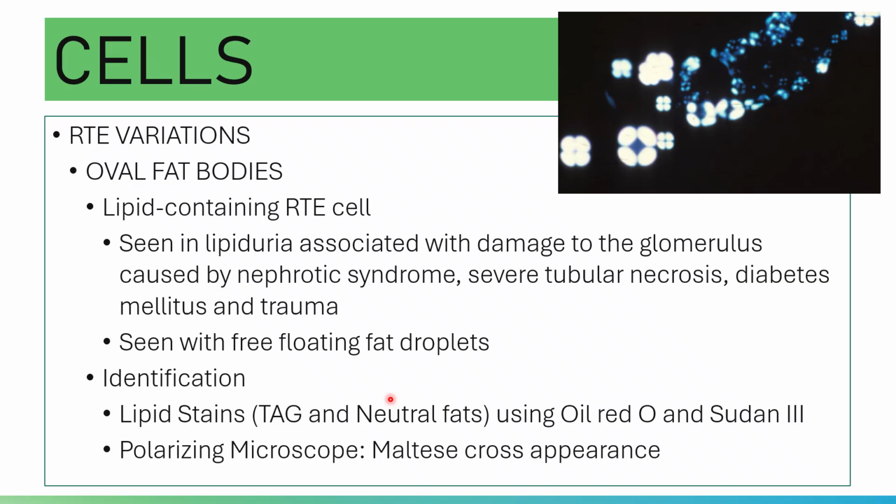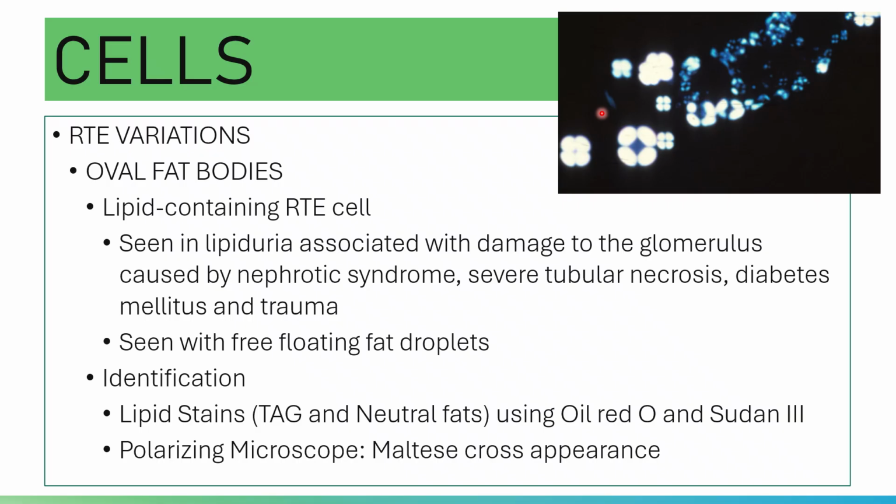Oval fat bodies are seen in lipiduria associated with damage to the glomerulus caused by nephrotic syndrome. What else? Severe tubular necrosis, diabetes mellitus, and trauma.